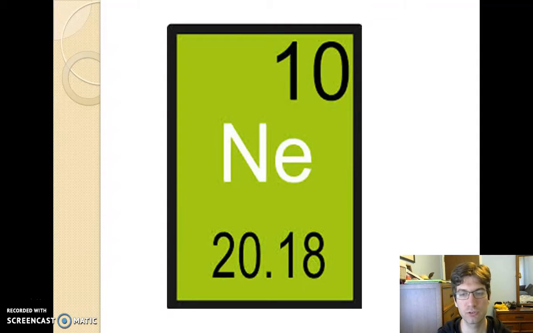So here is one square out of our table with some basic information on it. This is neon. Ne, neon is a noble gas. Neon's atomic number up here is a nice whole number of 10, meaning neon has 10 protons. Because neon has 10 protons, or 10 positive charges, it needs to cancel out those charges with negative charges, and therefore neon also is going to have 10 electrons.